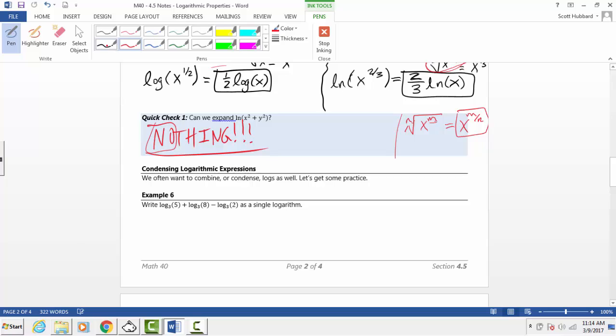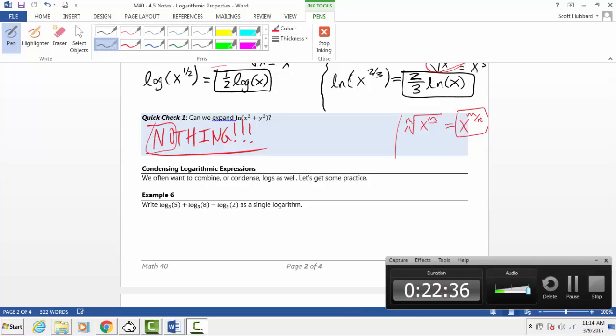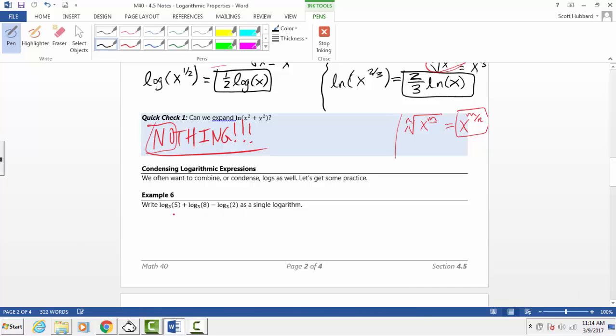Okay, so let's work backwards. Let's combine these logs. I'm going to move a little bit quicker here because this video is getting long. If we want to write this as a single log, remember what the plus does. So this is going to be log base 3. The plus means you're going to multiply 5 times 8. And what does the minus do? It means you're going to divide by 2.